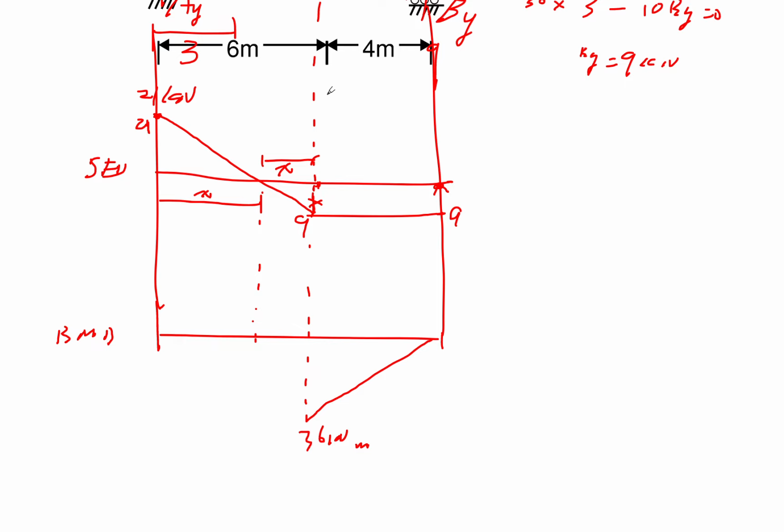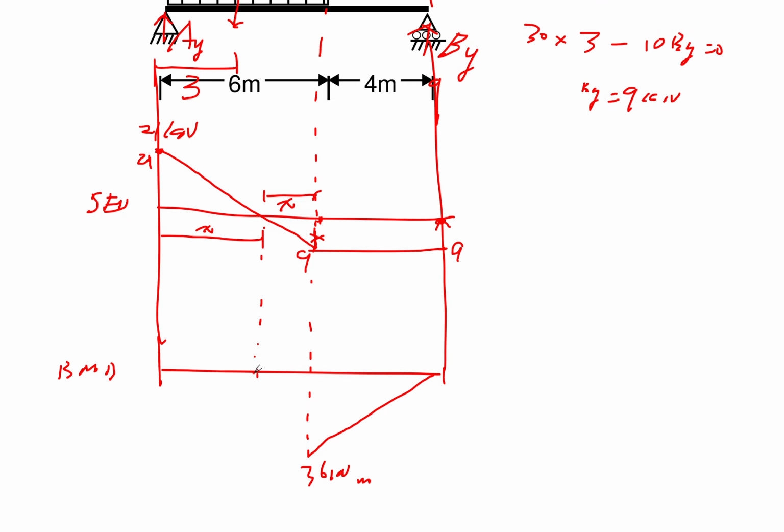That's your bending moment at this point. But what about here? Here we need to work out the distance. This should be a parabolic shape, and this point is where your maximum moment is. This moment is a combination of this portion of a triangle plus this portion of the parabola.